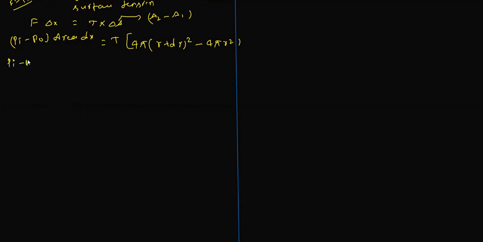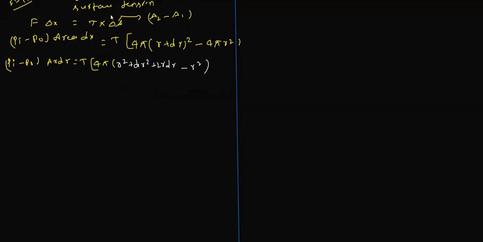Pi minus P naught into area into dr is equal to T into 4 pi into, and if you expand that, r square plus dr square plus 2r dr, minus r square.